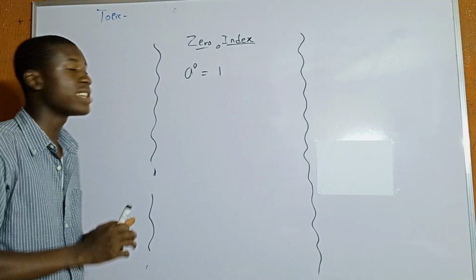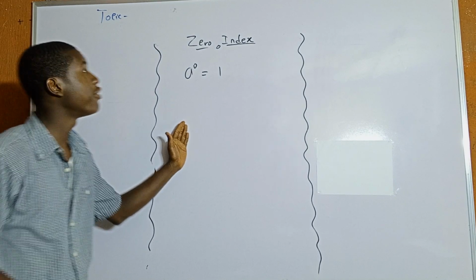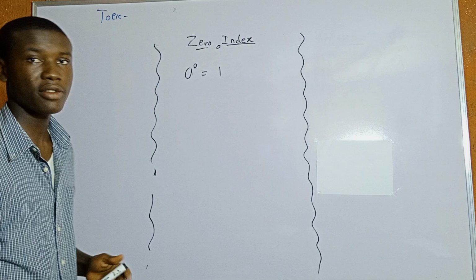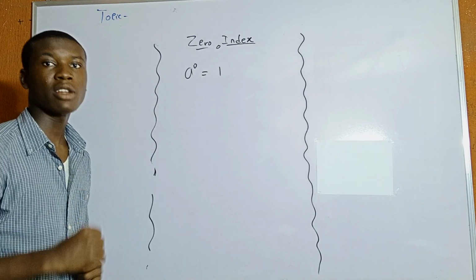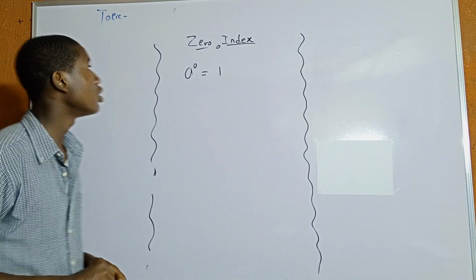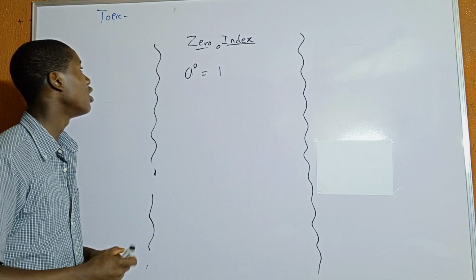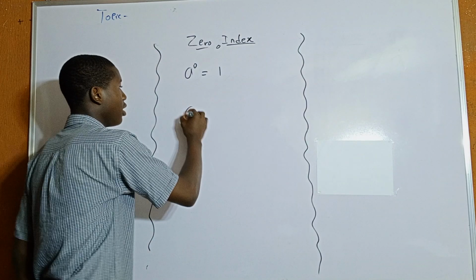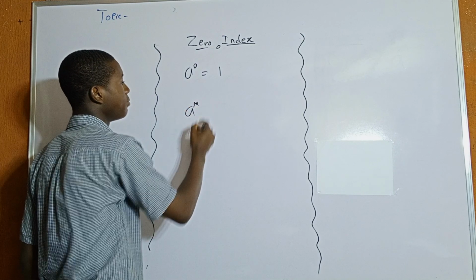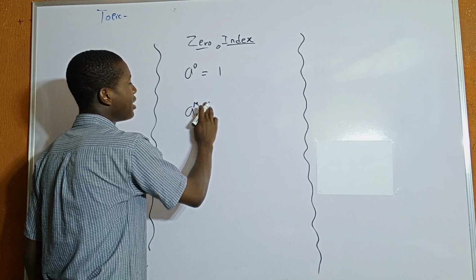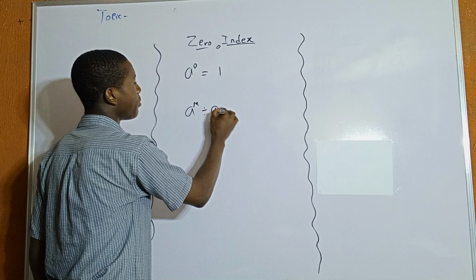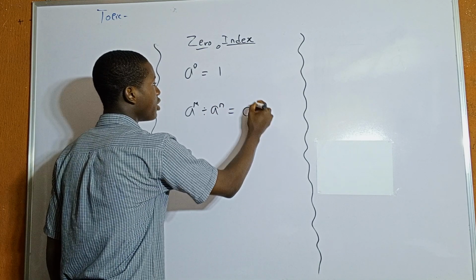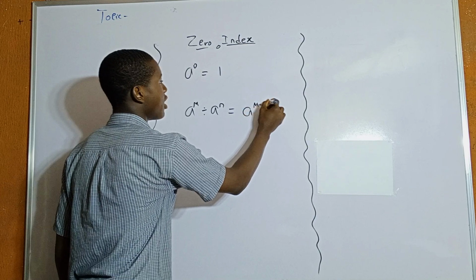Now this rule is an extension of the second rule of indices, and if you have not seen that video, please go back to part 1 of this series to understand the second rule of indices. The second rule of indices says that if a raised to power m is divided by a raised to power n, it will be equal to a raised to power m minus n.